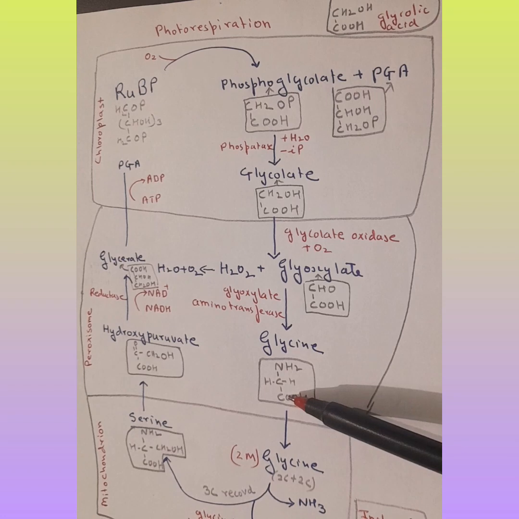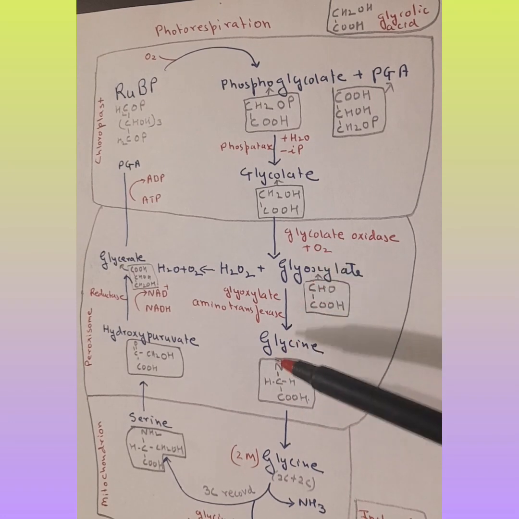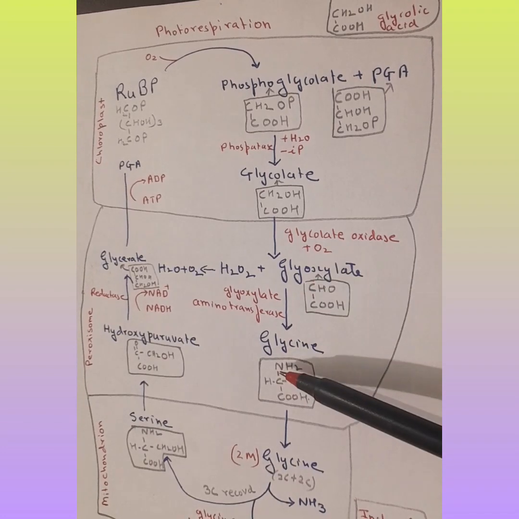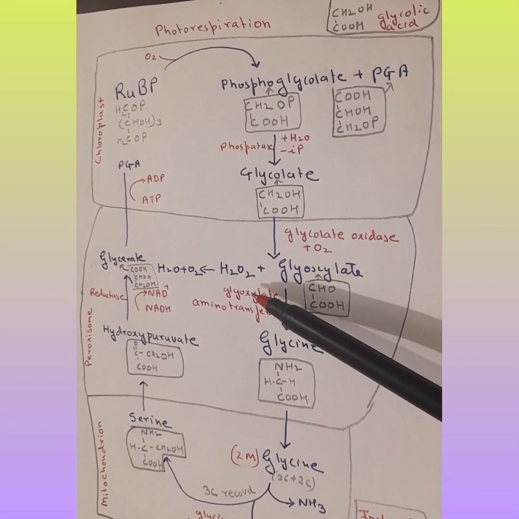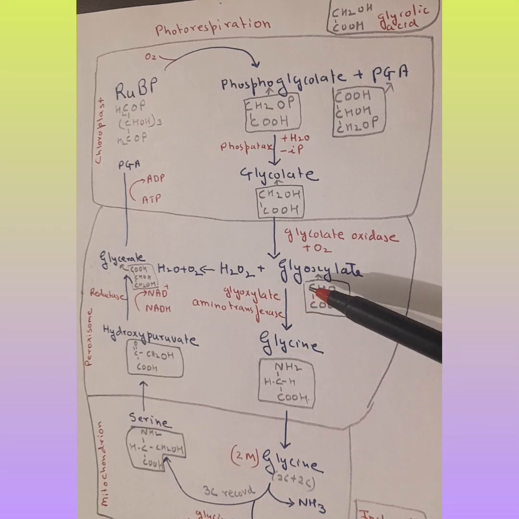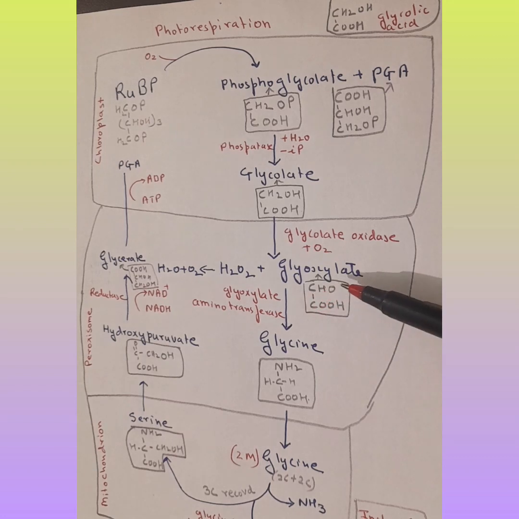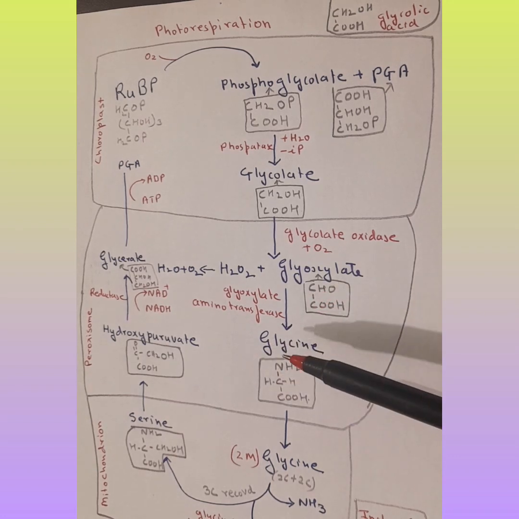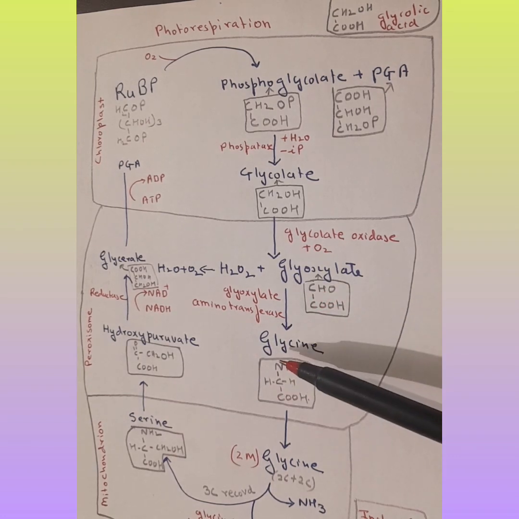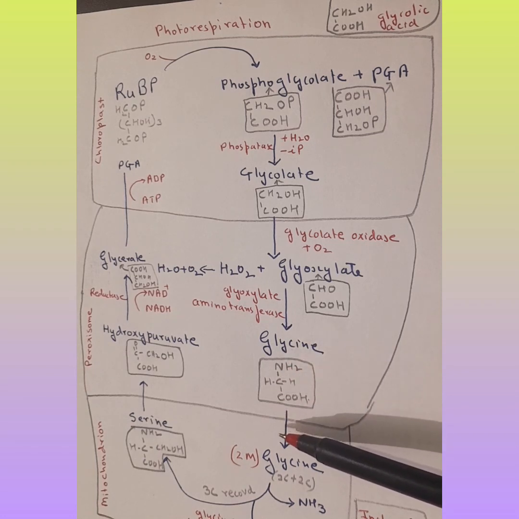And we find that NH2 has been added to this carbon. So glyoxylate aminotransferase, why? Because an amino group has been transferred to the glyoxylate molecule to form glycine. Once it forms glycine, it leaves the peroxisome and gets into the mitochondria, the powerhouse.